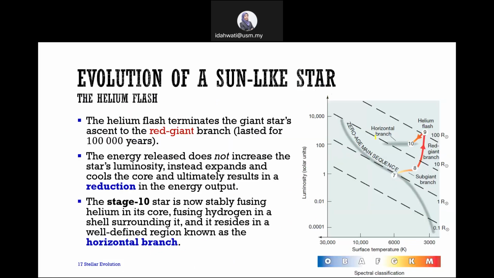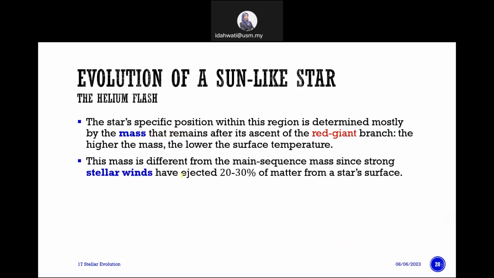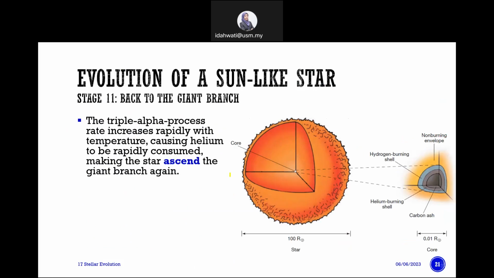If you can see, this is a dark region here. This is also a continuation, additional information you can read, and then we have stage 11, back to the giant branch.